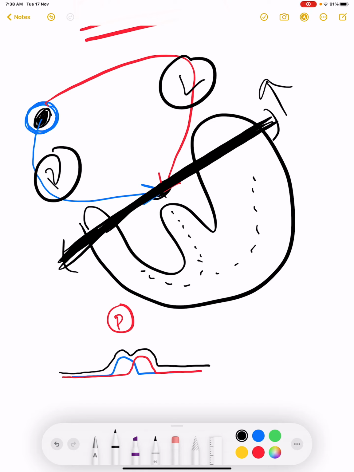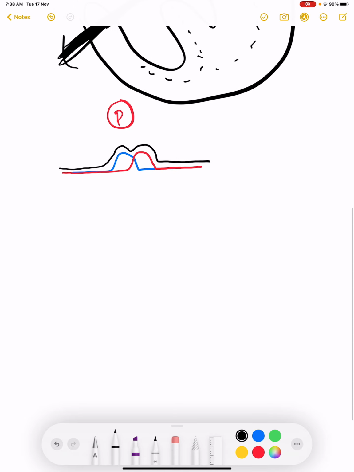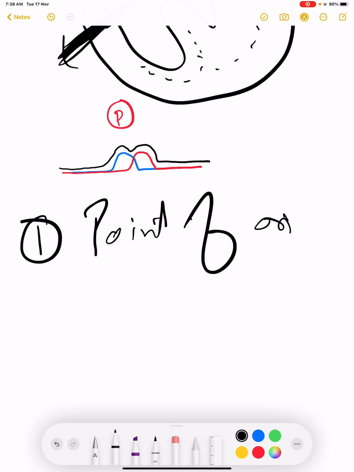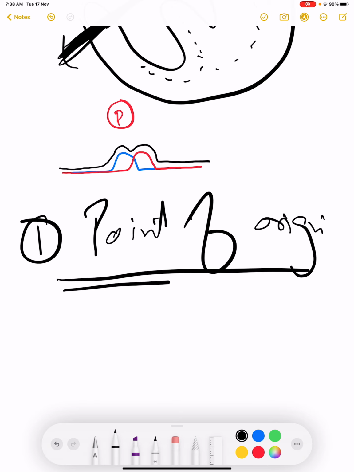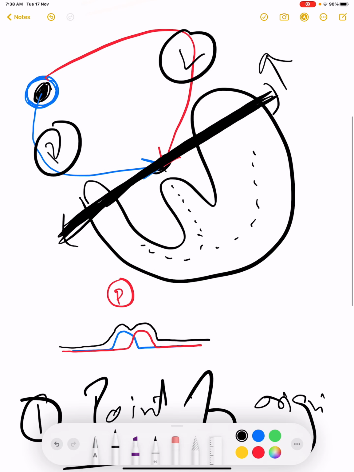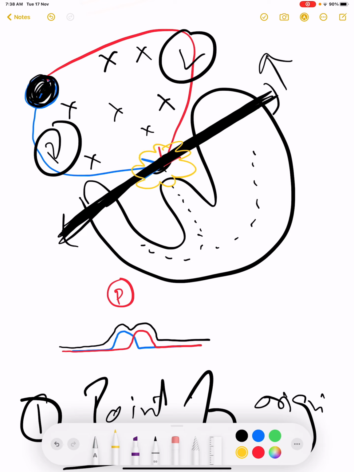Now the shape of the P wave basically depends upon two things. Number one, the point of origin, that is, where the P wave is originating. Is the P wave originated by the SA node or is it originating somewhere in the atria? We learned that atria can also be a pacemaker and generate impulses, or the P wave may be generated in the junctional area.